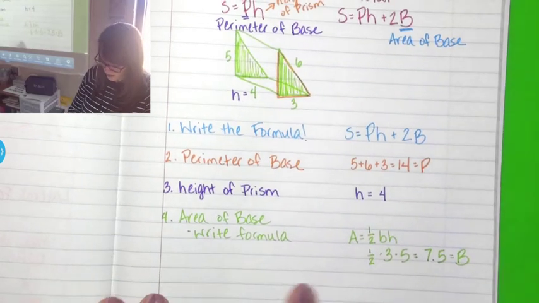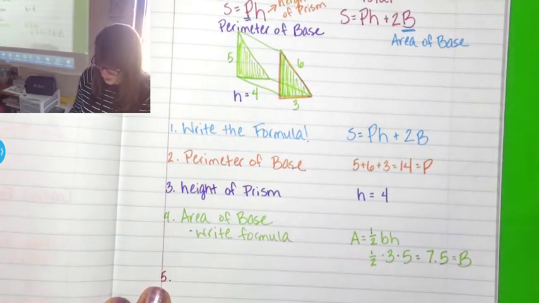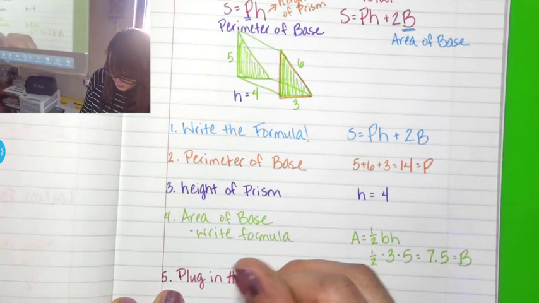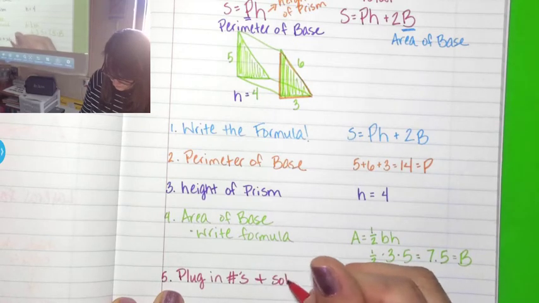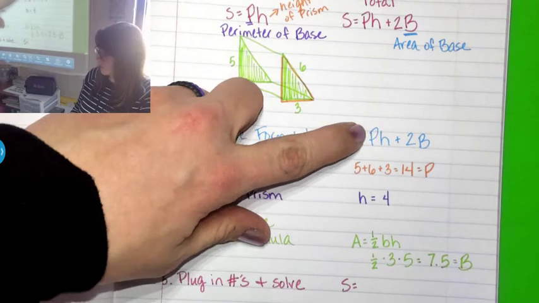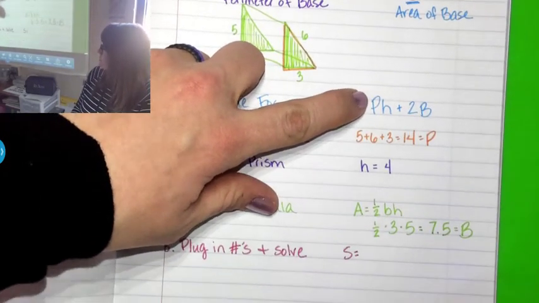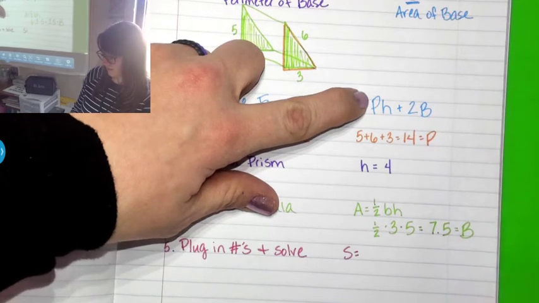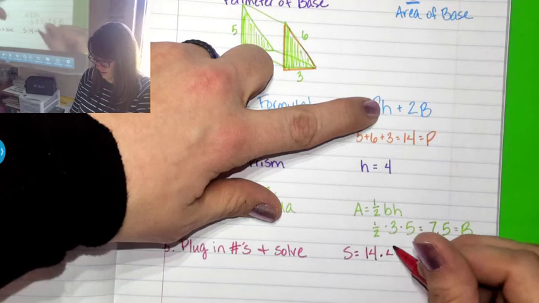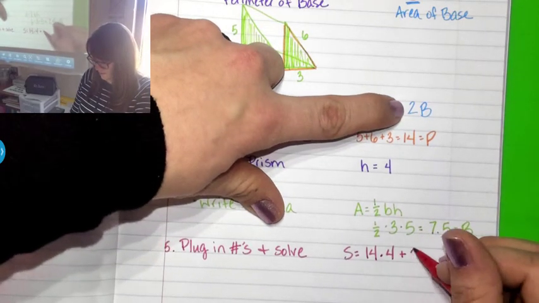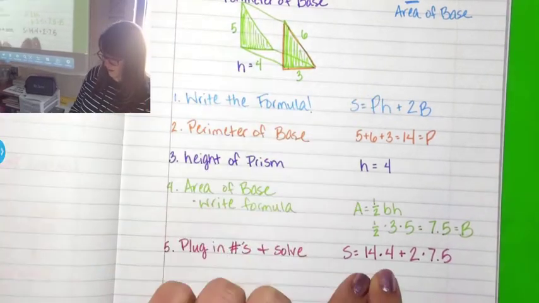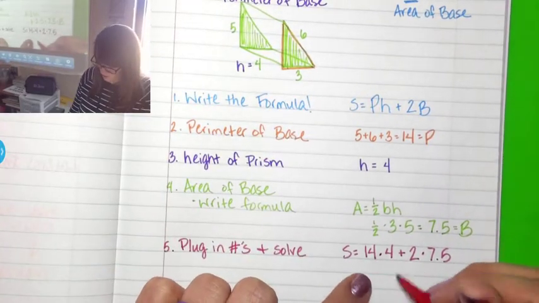All right. Step 5. We're going to plug in numbers and solve. So we had S equals, how much was perimeter? 14. How much was the height? 4. How much was area of bases? 7.5. So what's 14 times 4?